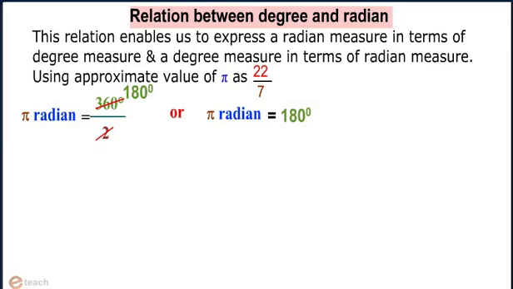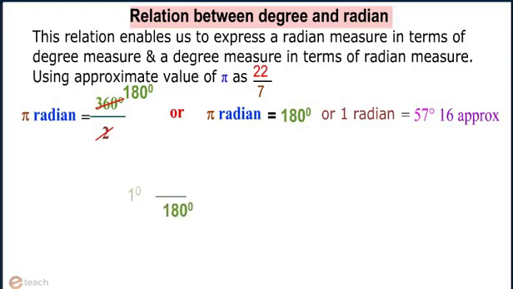This relation enables us to express a radian measure in terms of degree measure and a degree measure in terms of radian measure, using the approximate value of pi as 22/7. We have 1 radian equals 180 degrees by pi, that is 180 by 22/7 degrees, or 1 radian equals approximately 57 degrees 16 minutes.